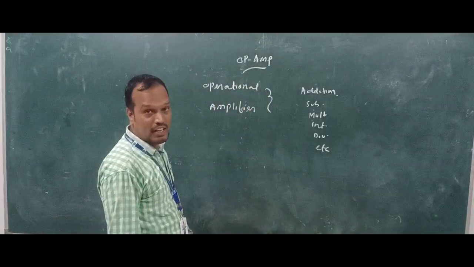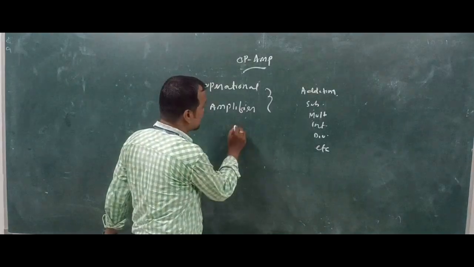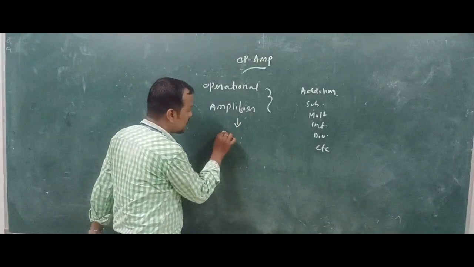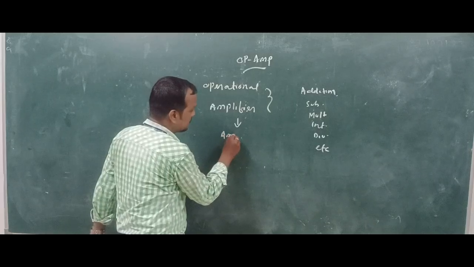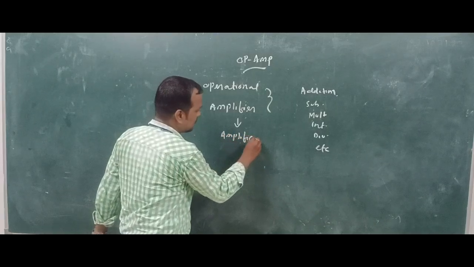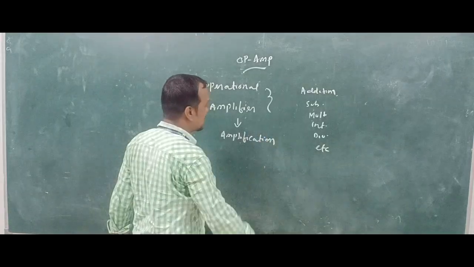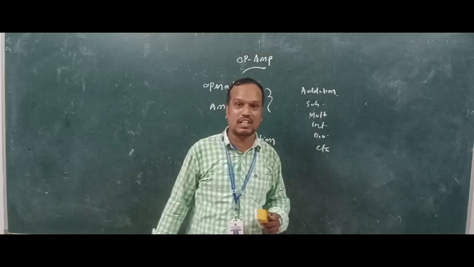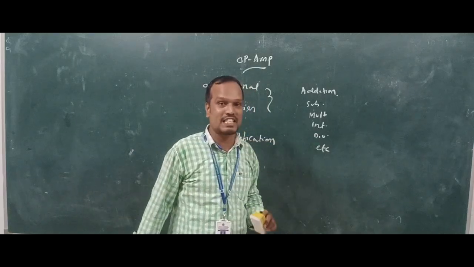And amplifier, as we know, is a device which is used for the purpose of amplification. What do you mean by amplification? Amplification is nothing but the process of raising the strength of a weak signal to a high signal.